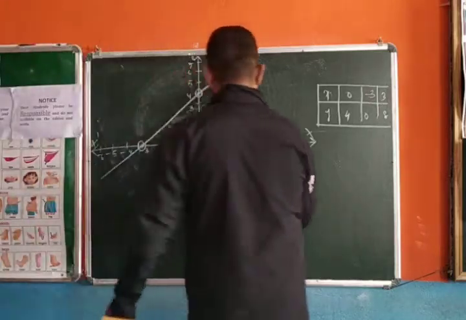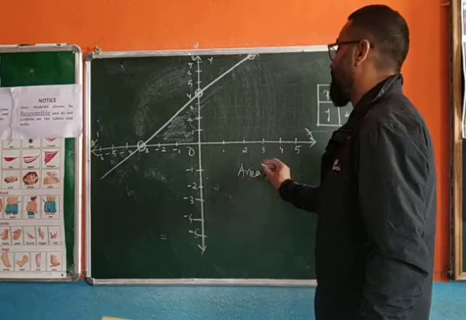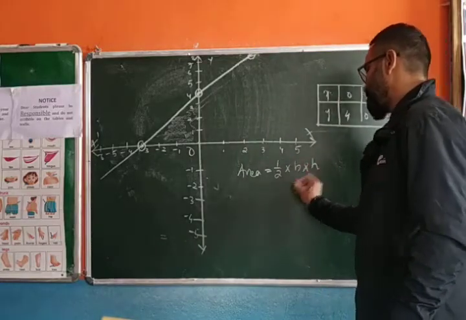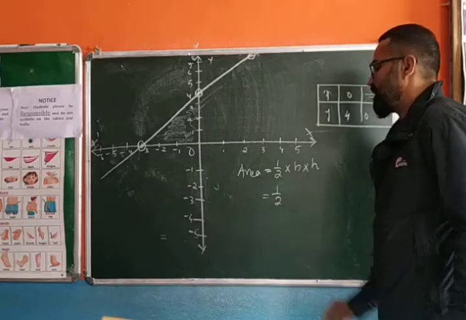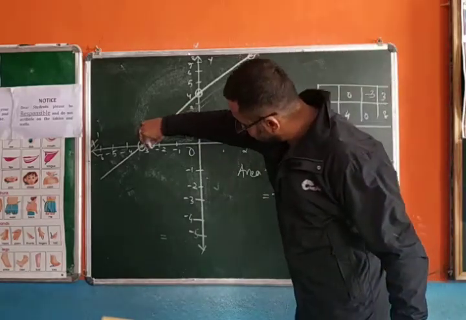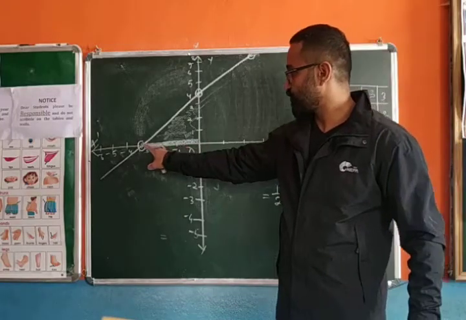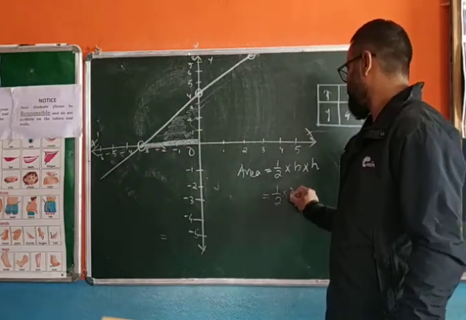So what do we do? We calculate area. It is a right angle triangle, so it is half into base into height. Take this portion as the base. So it is 0, 1, 2, 3. 3 units.